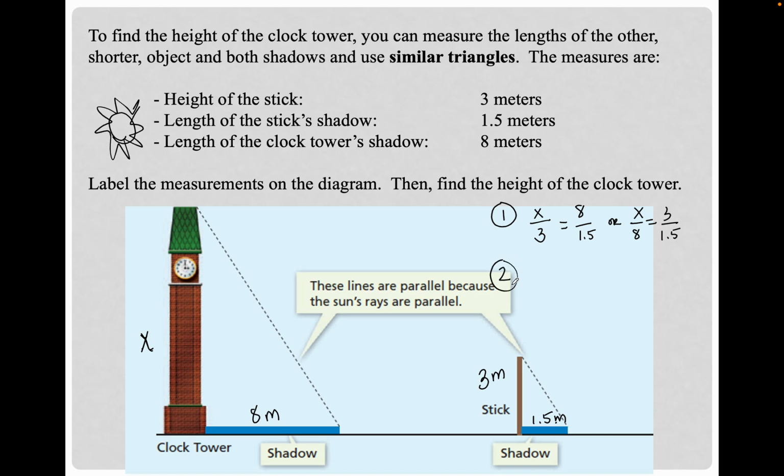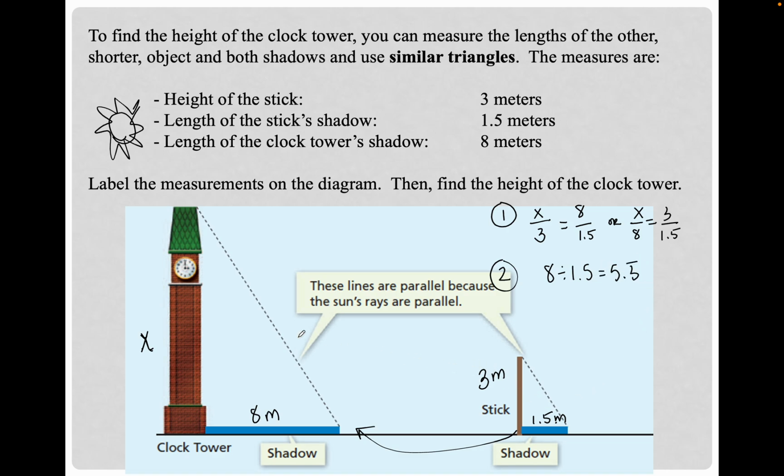Another option is by saying how many times longer is the clock tower shadow than the stick shadow. So how many times longer is 8 than 1.5? That would be 8 divided by 1.5, which is 5.3 repeating.